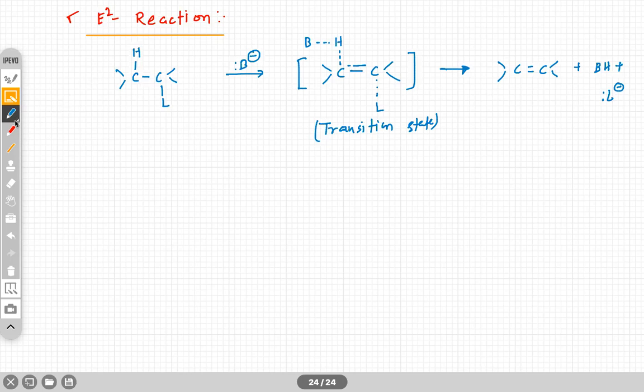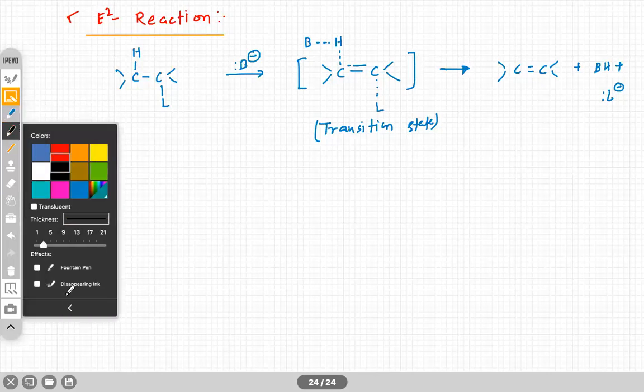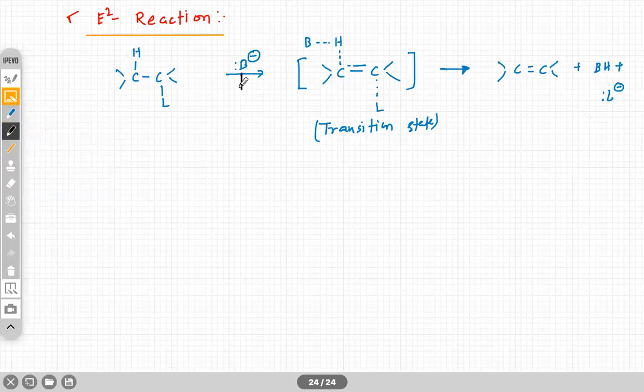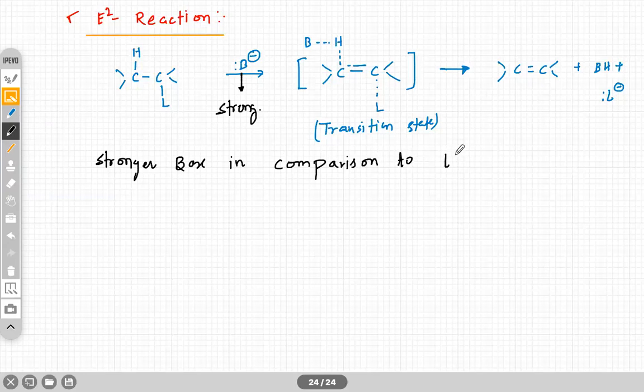Now the base that is required here is strong. Strong means we need a stronger base in comparison to the E1 reaction.